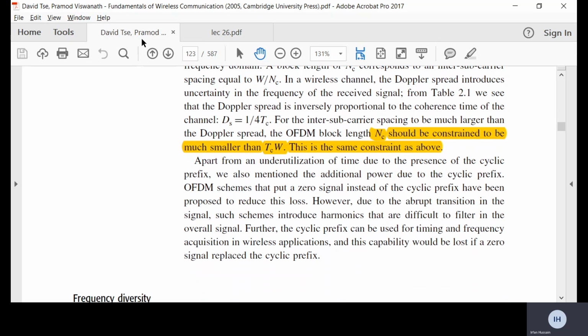Another thing you can see, other than losing your data, is that you also require additional power due to the cyclic prefix. One thing is that if you put a 0, the abrupt transmission to 0 leads to harmonics, which become difficult to filter out.